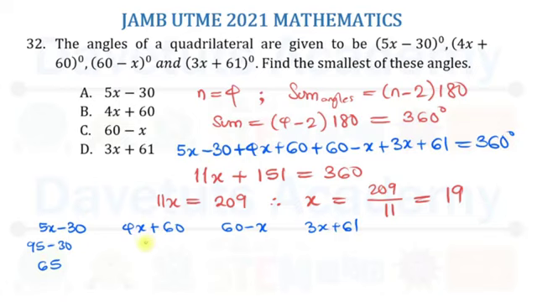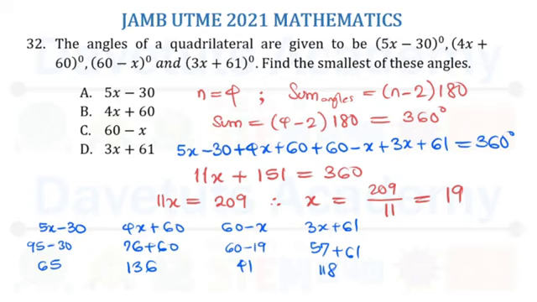Okay, 4x, 19 times 4, that's 20 times 4 minus 4. 80 minus 4, that is 76. 76 plus 60, this is quite huge, this is like 136. 60 minus 19, that will be 41. Okay, 3x plus 61, this also will be large. 19 times 3, that's 57 plus 61, and that will be like 118.